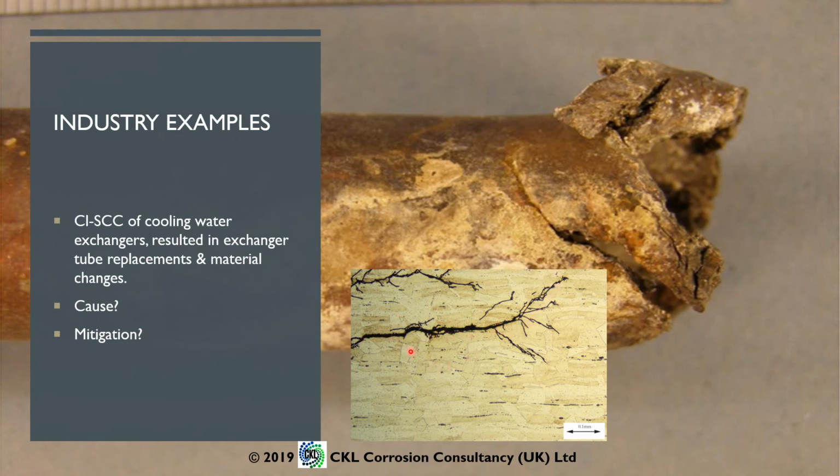This is the austenitic grain structure here, and you can see these cracks that are forming. Now, they're transgranular in nature. That's what you typically see as opposed to intergranular. You do get intergranular stress corrosion cracking, but that's normally when a material has been sensitized, and we can come on to that a little bit more when we get into the mechanism specifics.